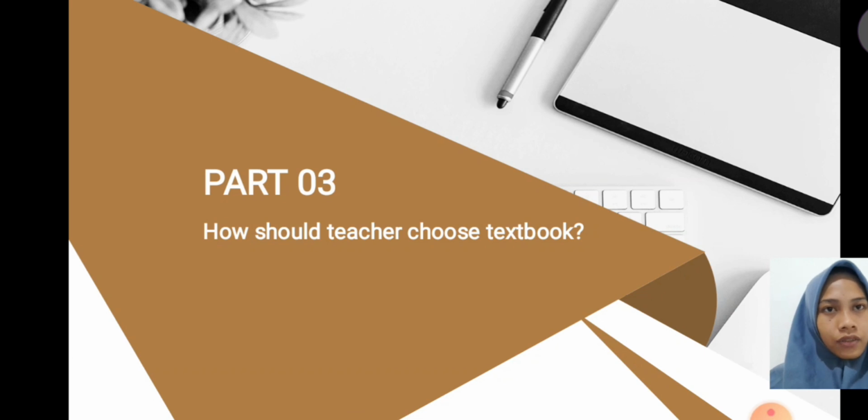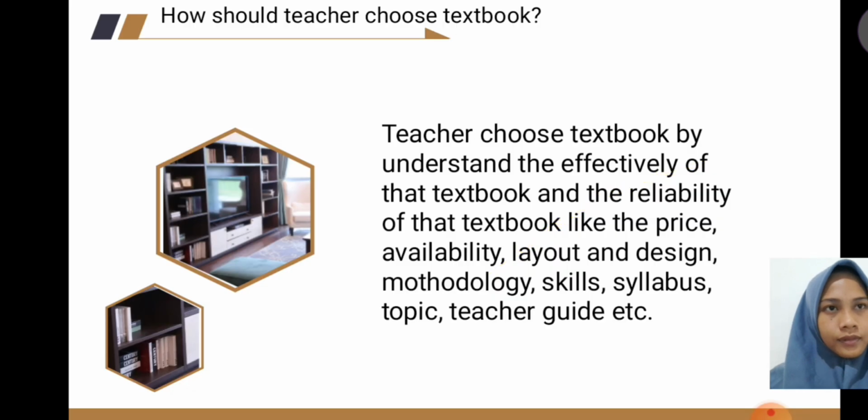Next, part 3. How should teachers choose textbooks? Teachers choose textbooks by understanding the effectiveness and the reliability of the textbooks, like the price, availability, layout and design, methodology, skills, syllabus, topic, teacher's guide, and etc. Jadi guru memilih buku atau bahan ajar yang mudah dimengerti dan efektif dari textbook tersebut atau buku ajar yang akan diajarkan.